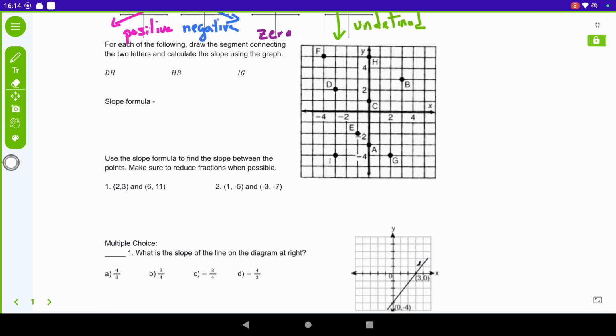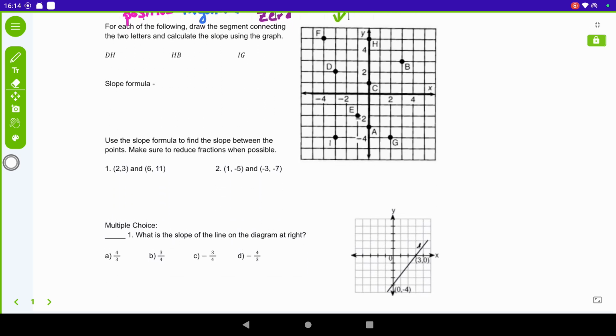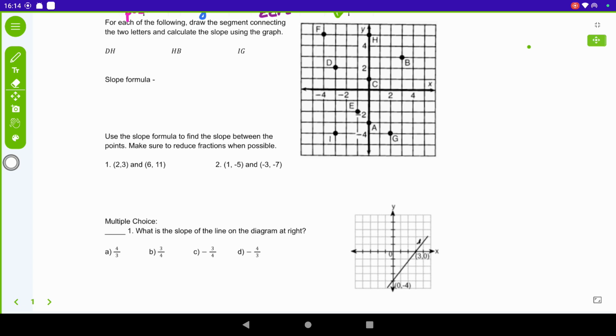Now, when talking about slope, there are a couple different ways to calculate slope. The first one is using a graph and just counting rise over run. So this first example asks us to draw the segment from D to H. So we find D, we find H, and we draw this segment. And now when we go to count the slope, we're going to count the rise first because that is on top.